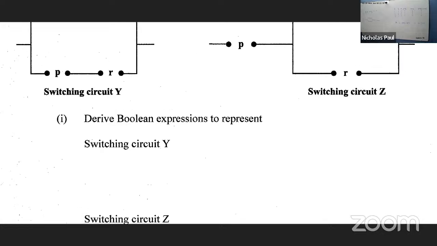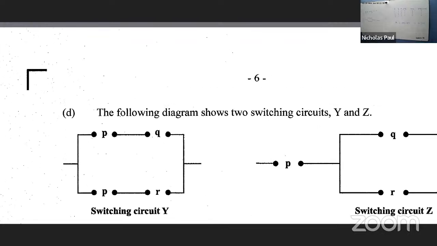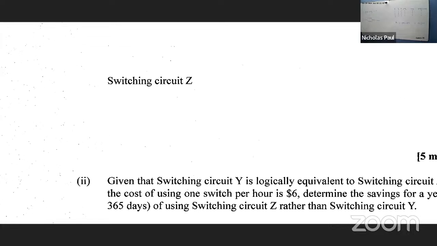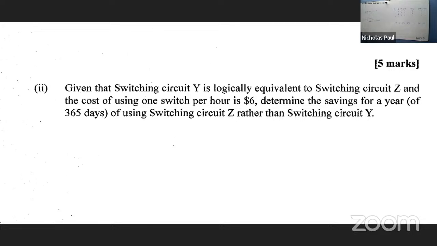Well, did they give you anything else before? So 6. So they wanted to use Z. Oh, no, they want the cost of using Z rather than Y.